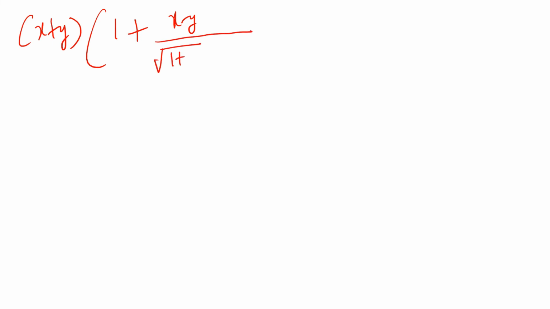Now what we have to do, we have to take the term on the right hand side of the equation to the left hand side and take out x plus y common from it. So we'll be getting x plus y into, inside the bracket, it is going to be 1 plus x minus y divided upon square root of 1 plus x square plus square root of 1 plus y square. Close the bracket, equal to 0.